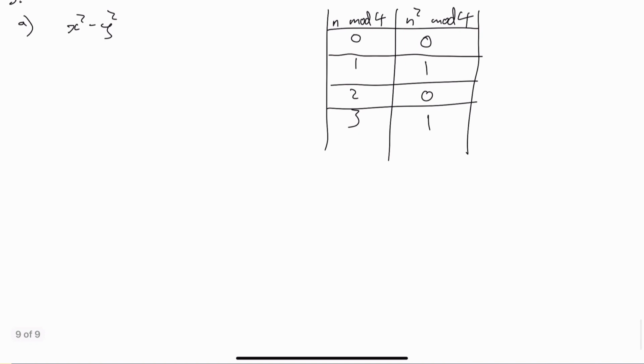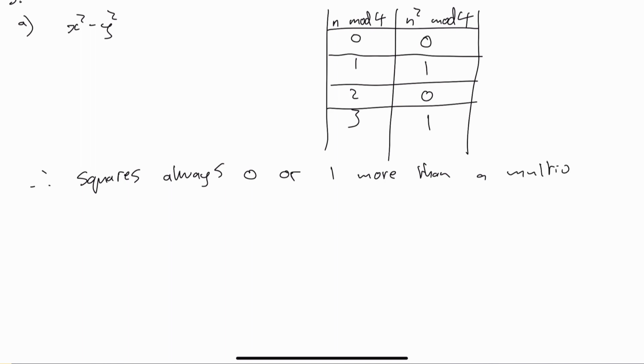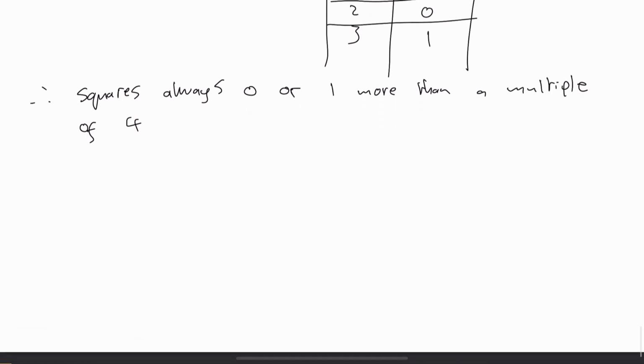So now we can basically say, okay, therefore squares are always 0 or 1 more than a multiple of 4.